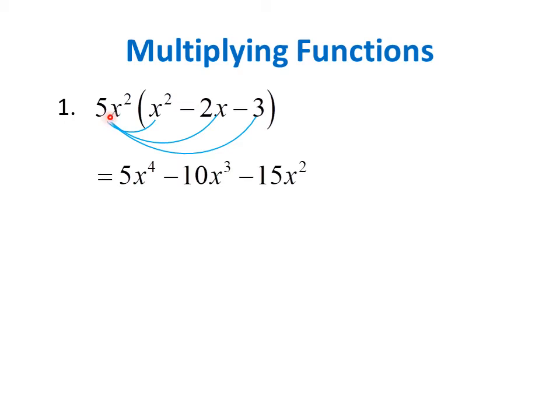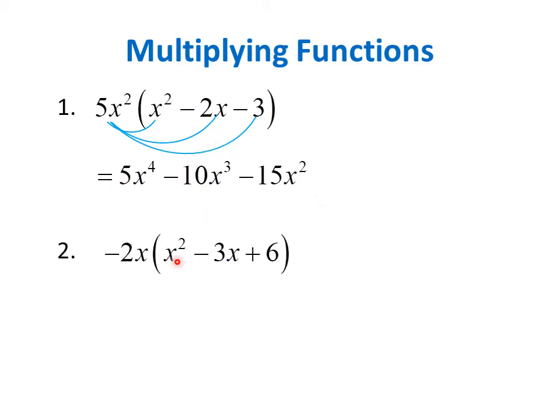Okay, next we have 5x squared times negative 3. So positive times negative is negative. Multiply the numbers. 5 times 3, that is 15. Then we only have the variable x squared.